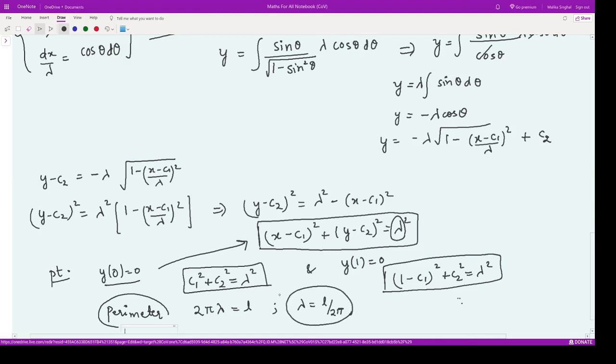When you plug into these two equations, you obtain c1 is equal to 1 by 2 and c2 is equal to square root of L square minus pi square divided by 2 pi.